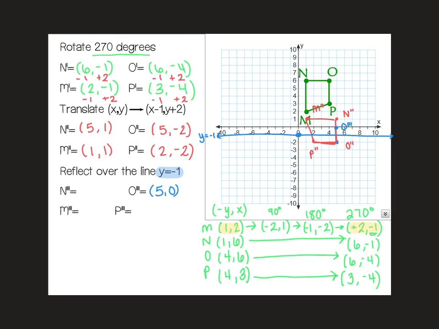I would do the same process for n double prime. So I start at n double prime, I count to the line, so it's 2 away, and I want to count the same distance over the line. So n triple prime is at 5, negative 2.